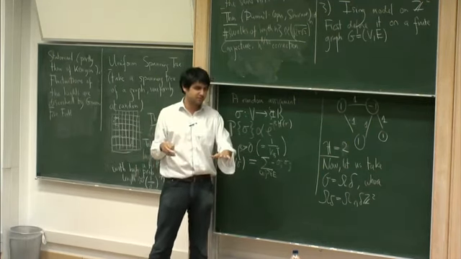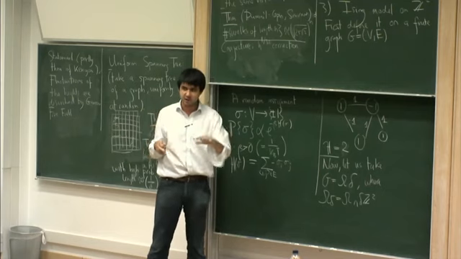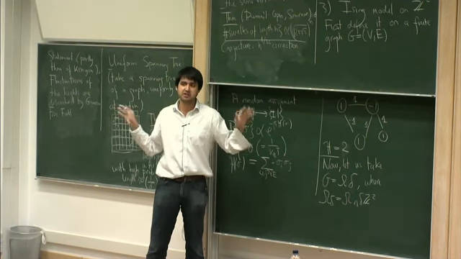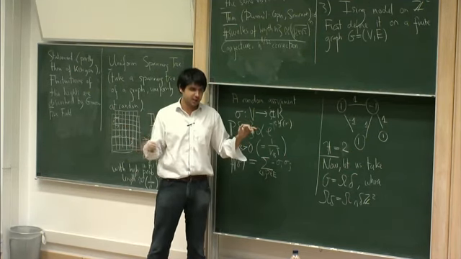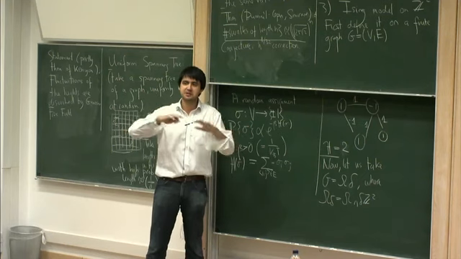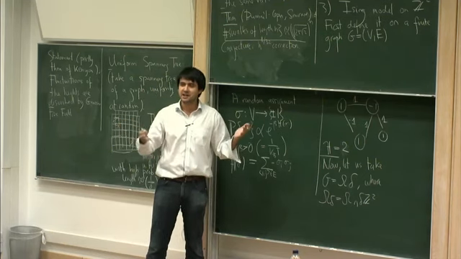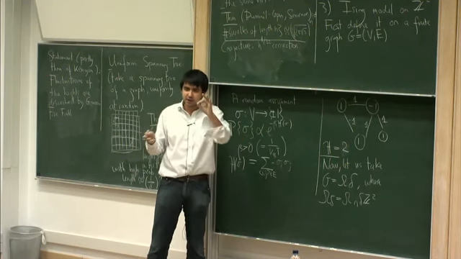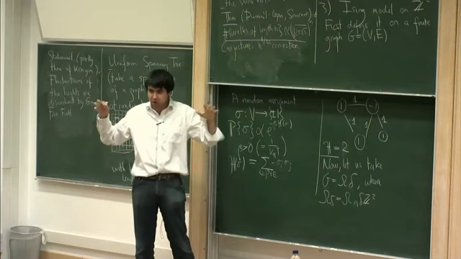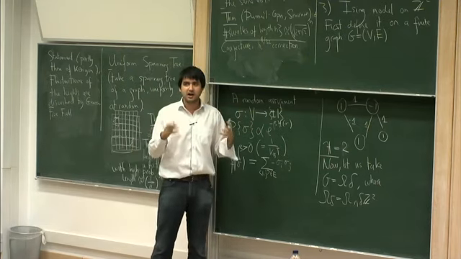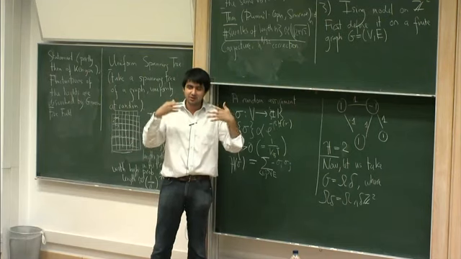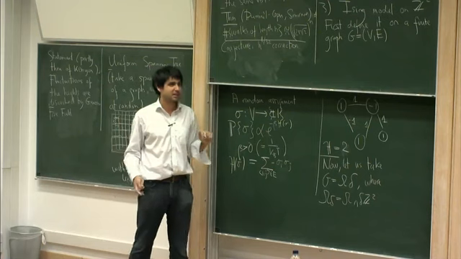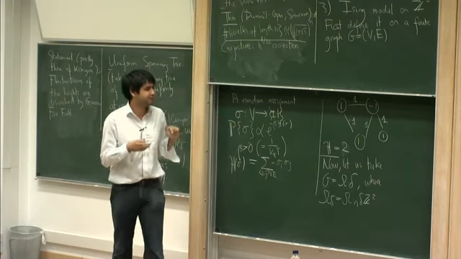For a very small value of beta, for very small nearest-neighbor interaction, you see a completely disordered picture. For a very large value of beta, you see a completely ordered picture, and the fluctuations within that picture are negligible. The only case where you see long-range fluctuations, where you see some randomness arising at large scale, is the critical point.